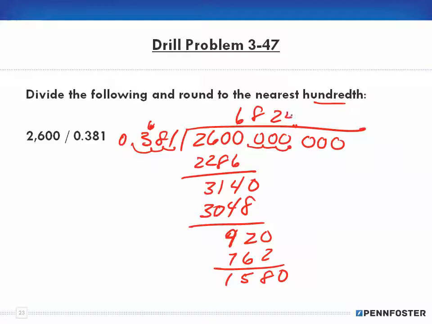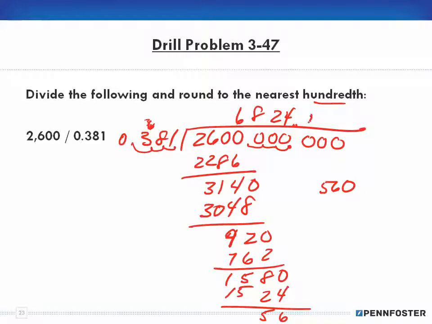Let's try 4. 4 times 1 is 4. 4 times 8 is 32. Carry my 3. 12, that's 15. Another good guess. So I have 6, and from 7 is 5. So I'm at 56 as a remainder. I'm going to bring down my 0 here, this 0.